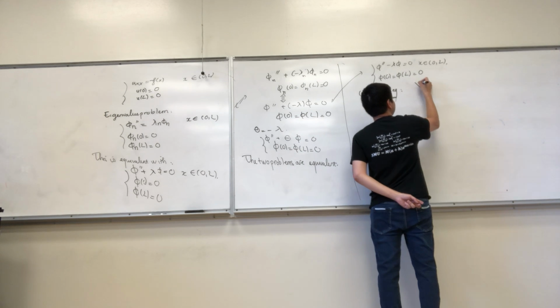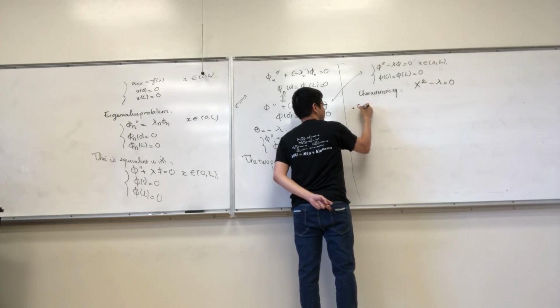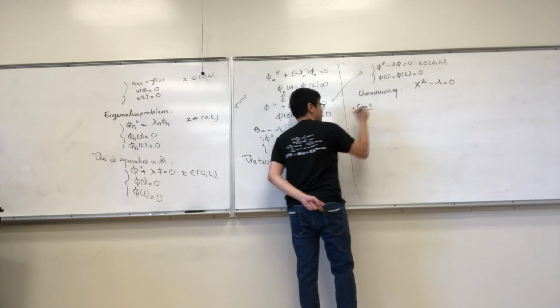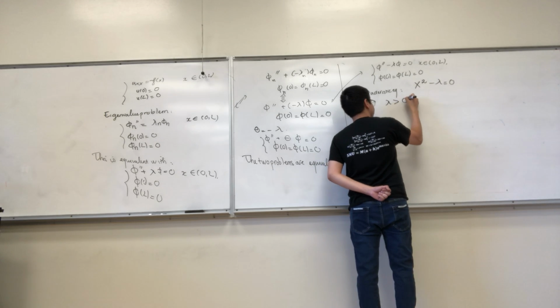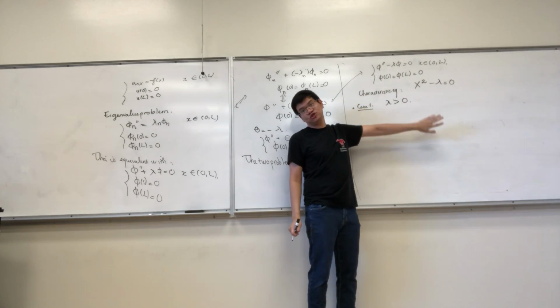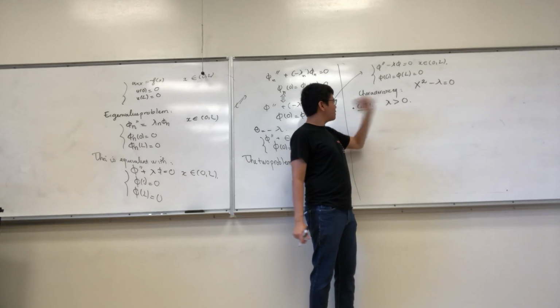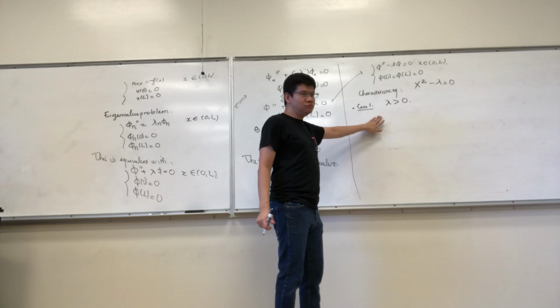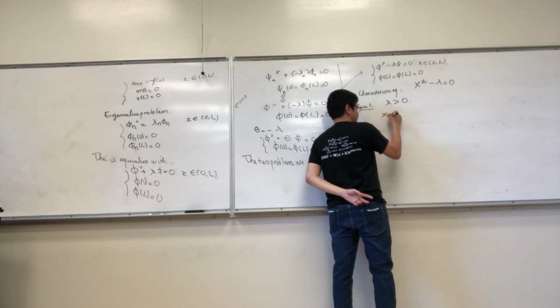So this will be x squared minus lambda is 0. Now you consider case number 1. Lambda is positive. Again, if here you have a plus, then you just change the sign, right? So when lambda is greater than 0, we know that you have two solutions, two roots.